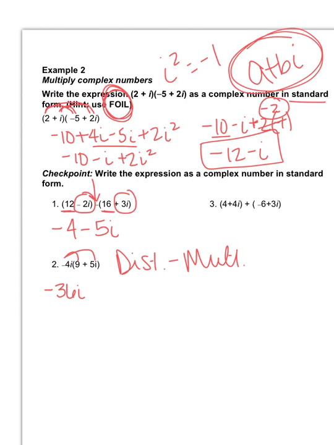And then when you distribute that, you get -20i squared. We just went over i squared. We're replacing that with a -1. So that will end up giving you a +20. Now remember, in standard form, it's a first, which is your real part, then your imaginary part. So that 20 needs to go first, then minus 36i.